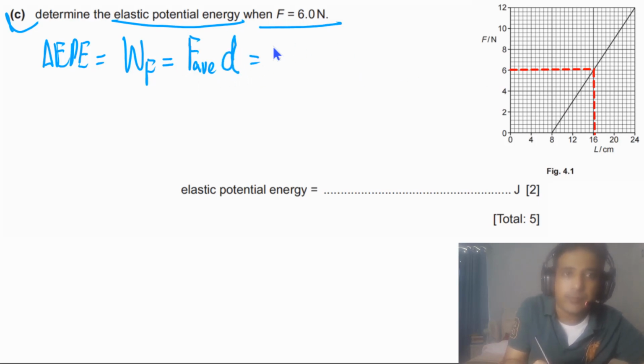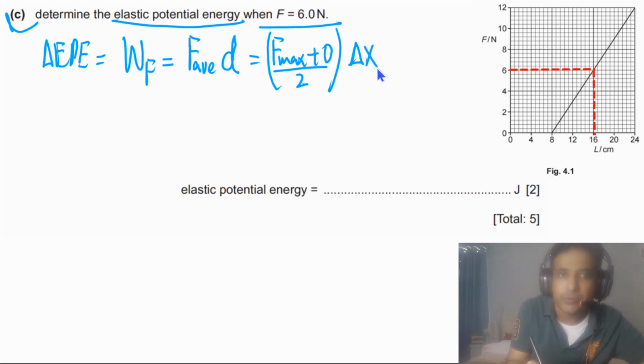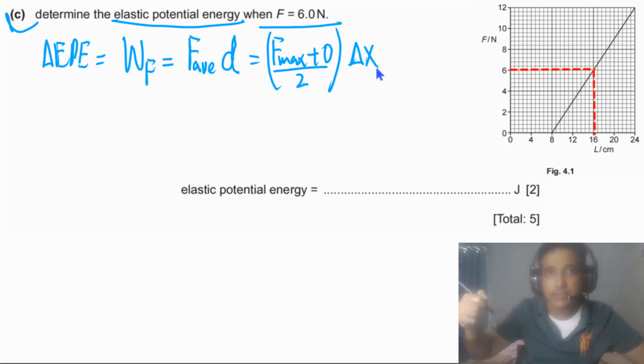So F average we can write down, this will be equal to F max plus 0 divided by 2, because force started from 0, times distance d. Distance d will be equal to x, meaning equal to delta x extension.